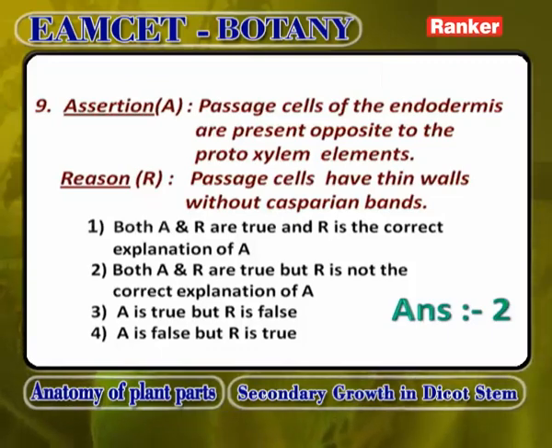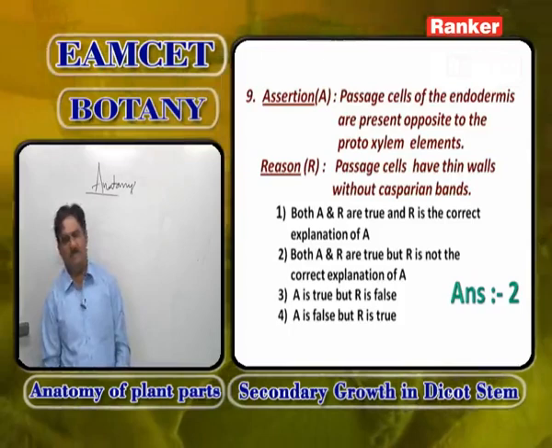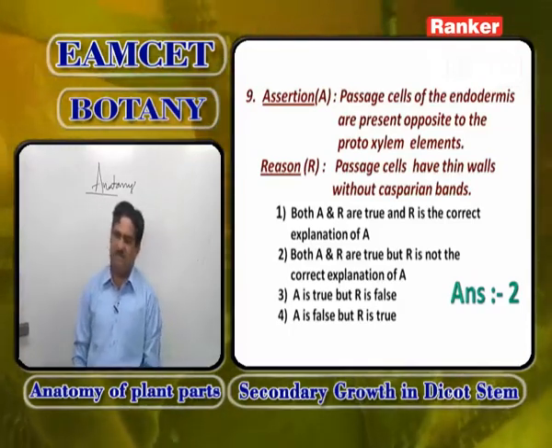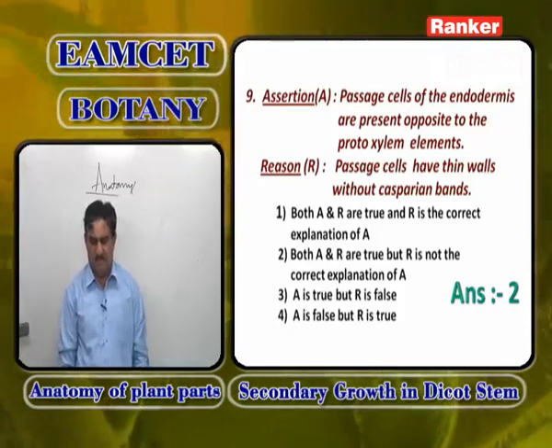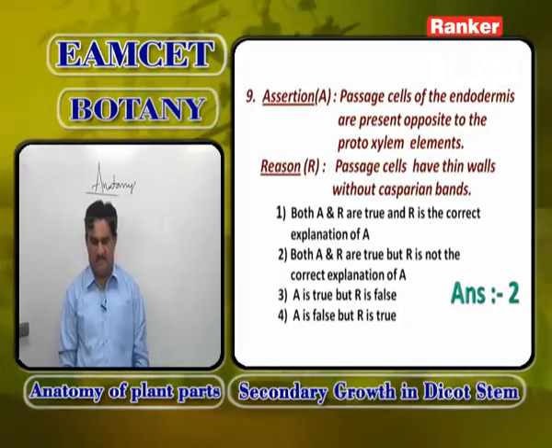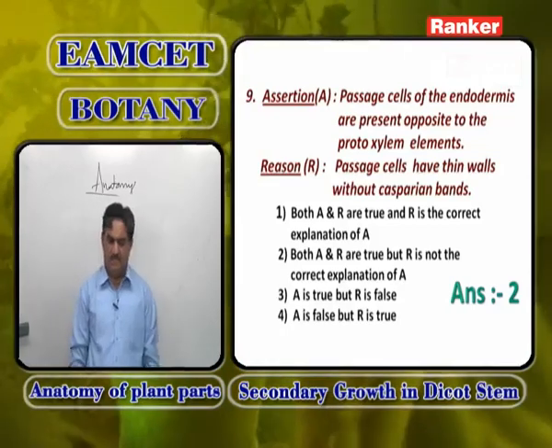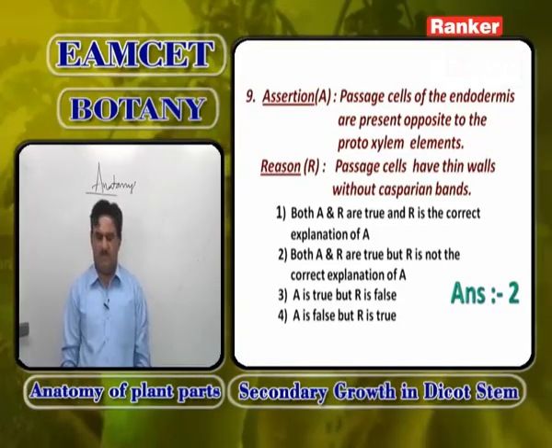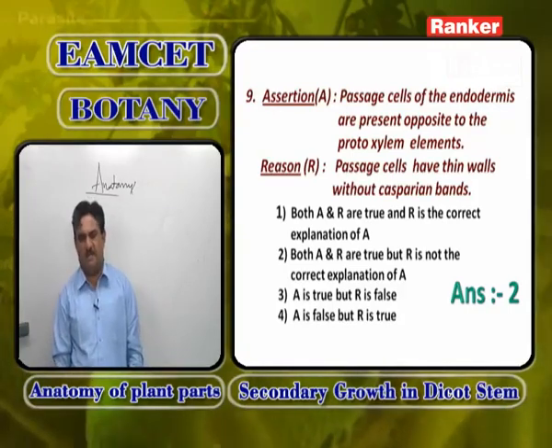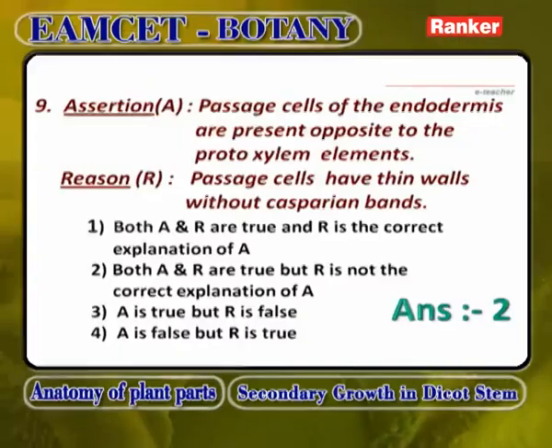Because they do not have Casparian bands and because they possess thin walls, they are present opposite to the protoxylem. Because of the absence of Casparian bands, they are called passage cells. So the answer is both A and R are correct, but R is not the correct explanation of A.